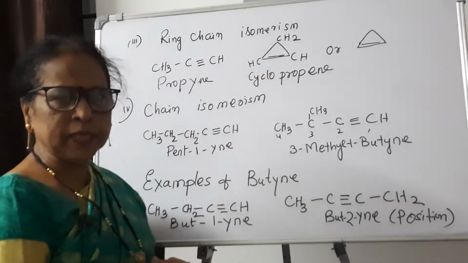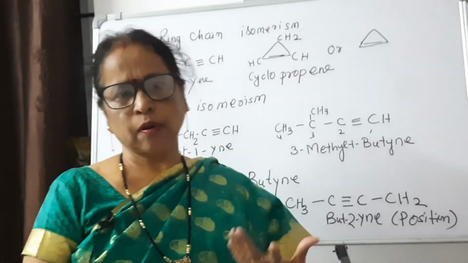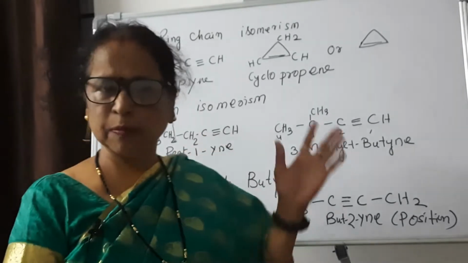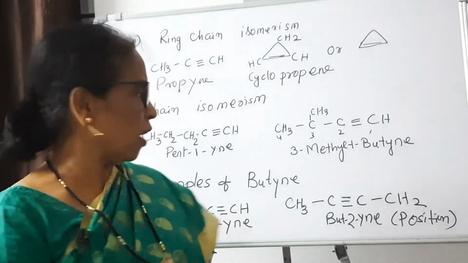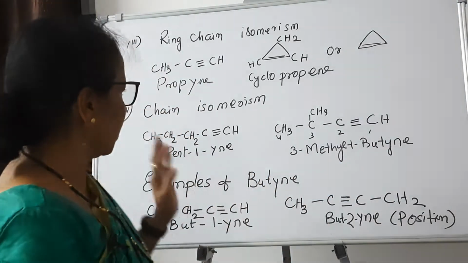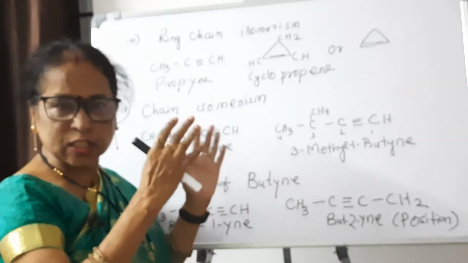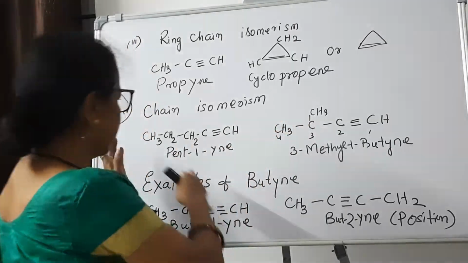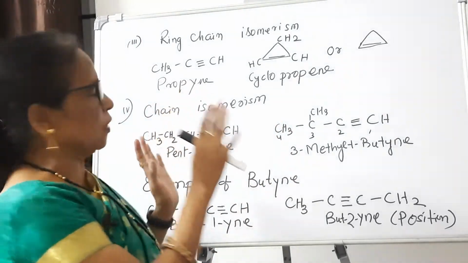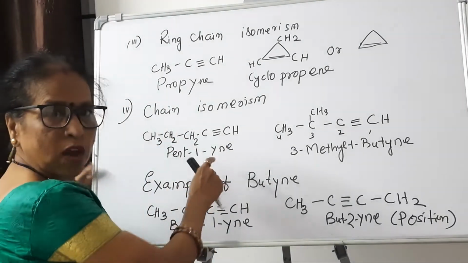Then come to simple chain isomerism. Simple chain isomerism is not possible for all, and first you can see it is possible for pent-1-yne and 3-methyl-1-butyne. That means here one CH3 group is present as a substituent, but here you can see there is no substituent present. You can check whether it follows the rule or not, whether it is pent-1-yne or not.